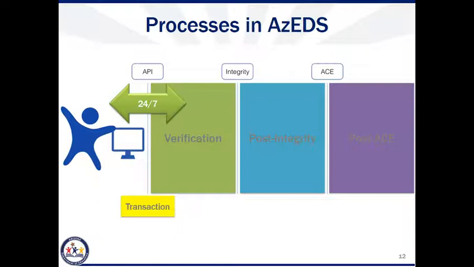Then, once the data lands and goes through verification, we go through a process called integrity. I'll explain a little bit about integrity later. And then it also goes through ACE. So as the data goes through AzEDS, it's processed.